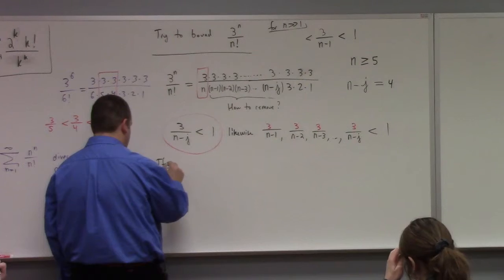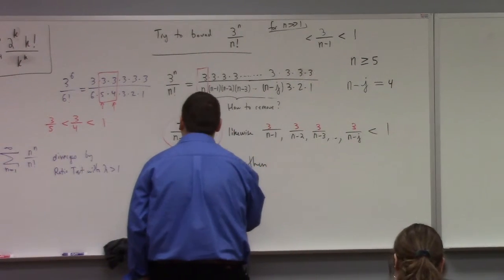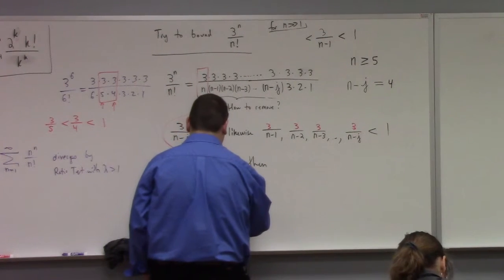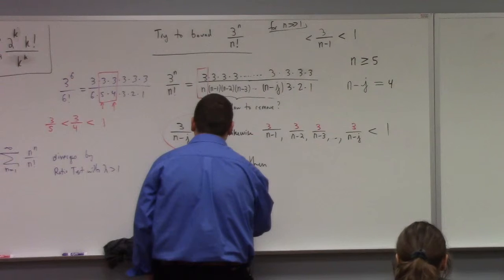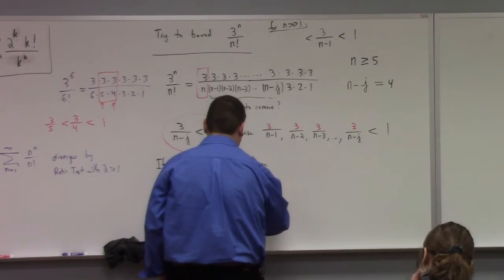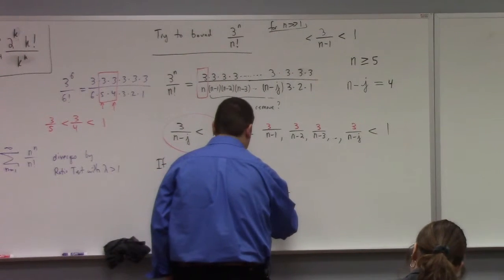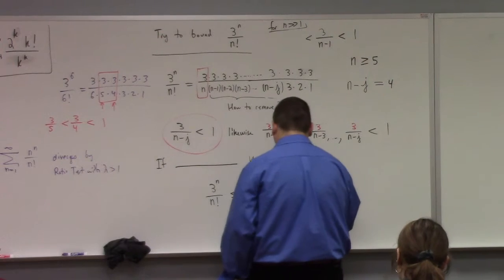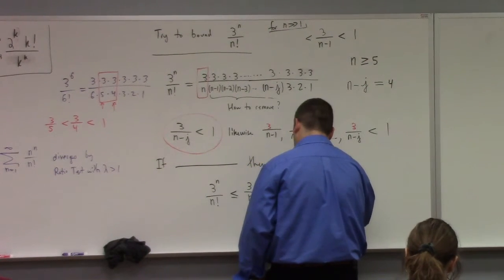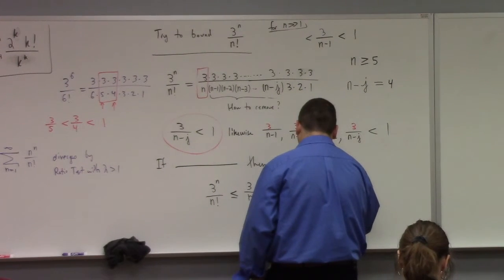if you fill in the blank, then given what we've just shown above, 3 to the n over n factorial is less than or equal to 3 over n times 3 times 3 times 3 over 3 times 2 times 1, also known as 27. Oh, also known as, 3's cancel. I think 3 over n.